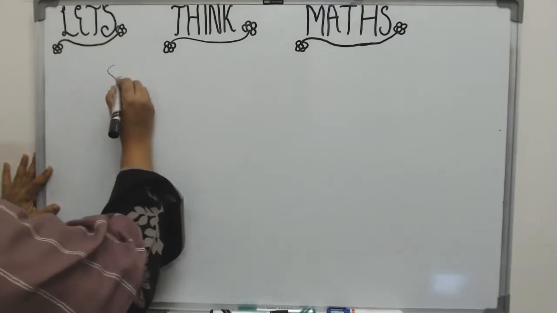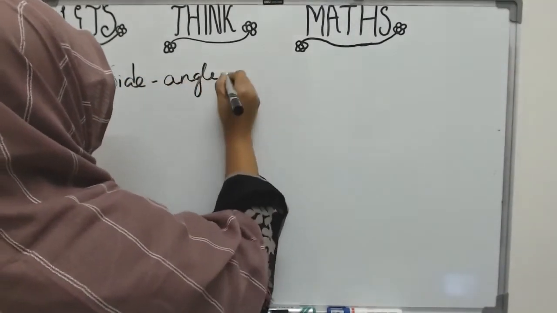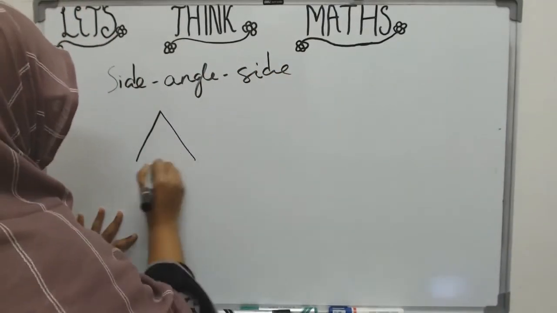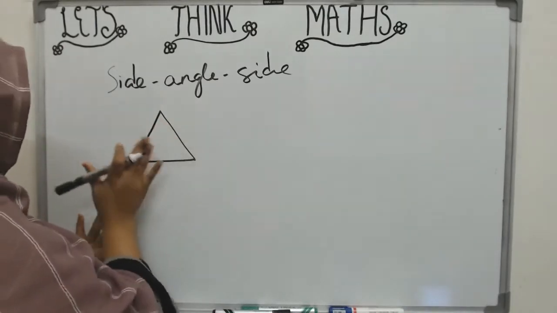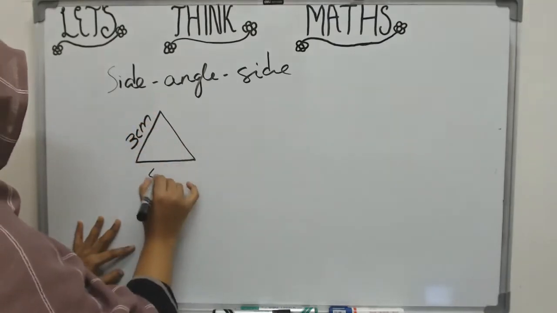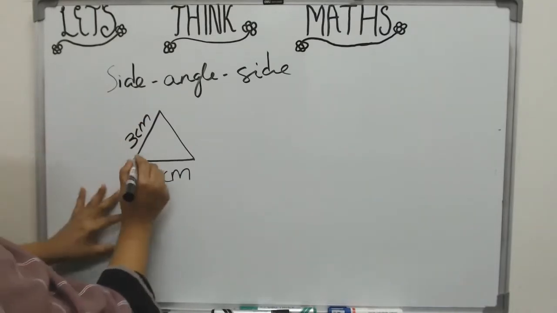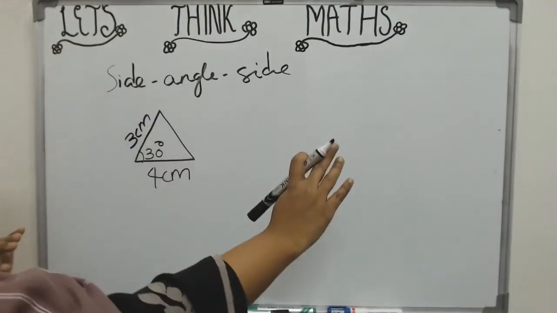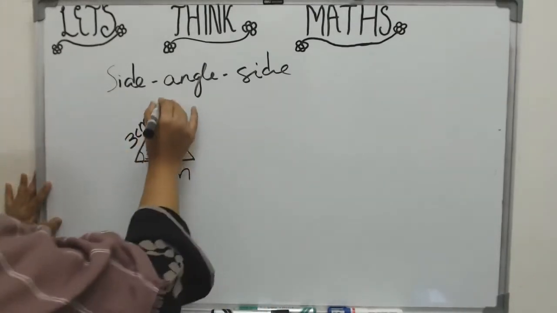Next is the side angle side criterion. That means if you have a triangle where 2 sides and the angle between them is known, 2 sides are known and the angle that they make with each other is known, then any other triangle which has the same arrangement will be congruent to this.